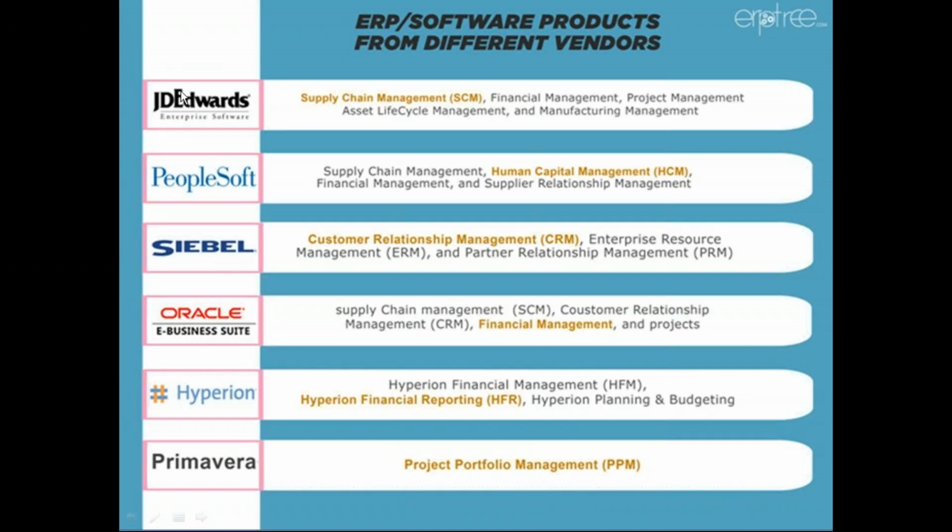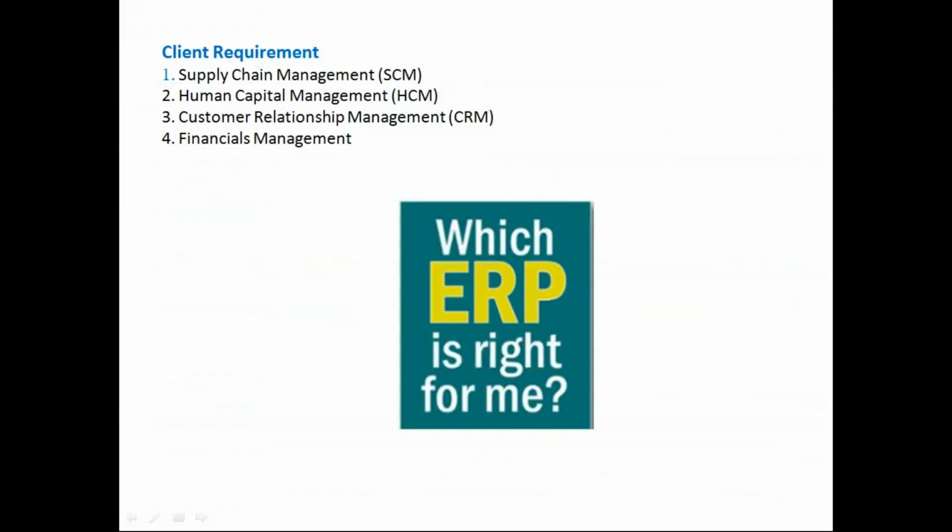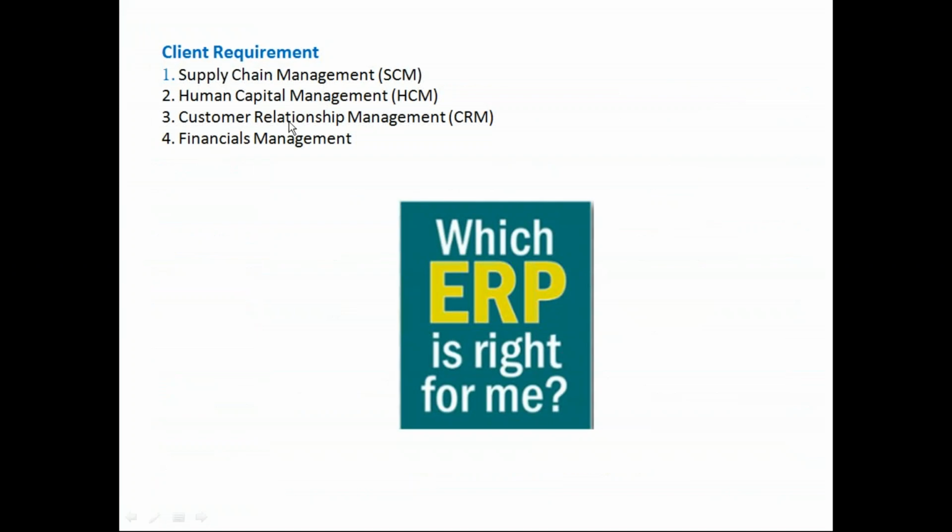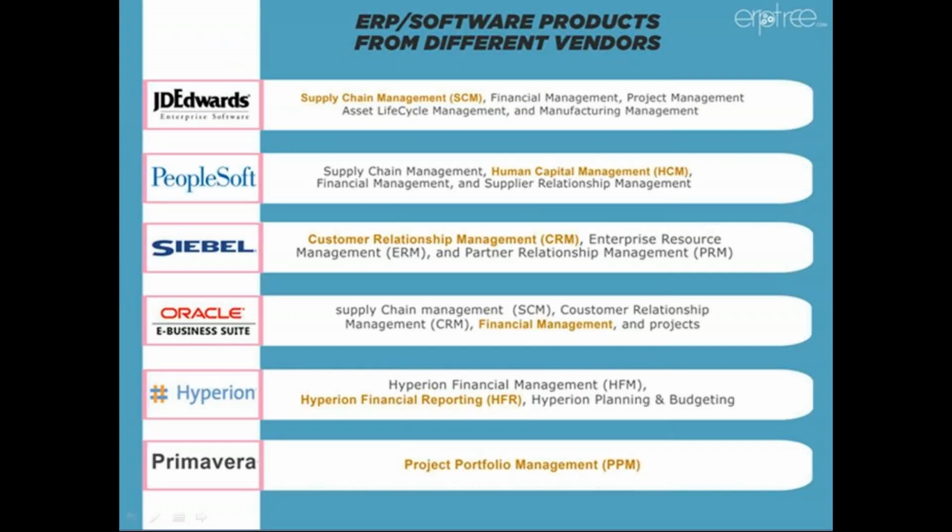For SCM, say JD Edwards is fine. But for HCM, PeopleSoft is good. Now if they want the best solutions for SCM and HCM, they have to go with these two ERPs. They have to pick SCM from JD Edwards, and HCM from PeopleSoft. And what about CRM? CRM they have to pick from Siebel.